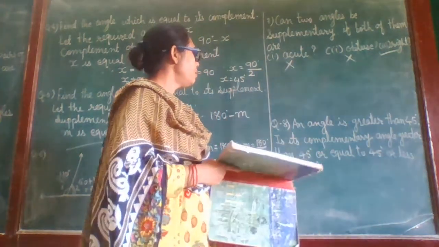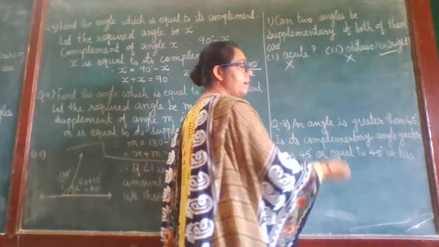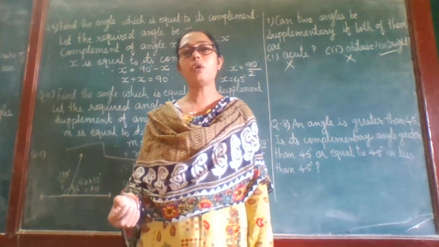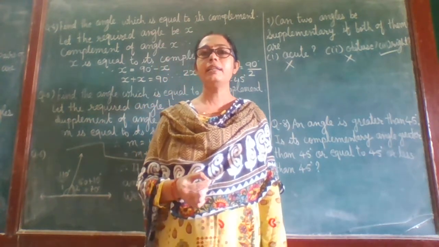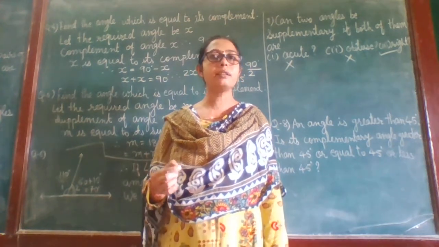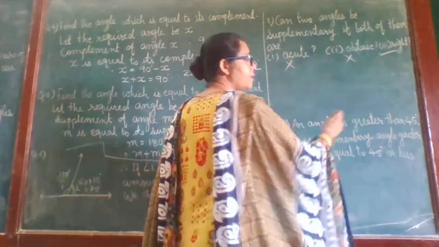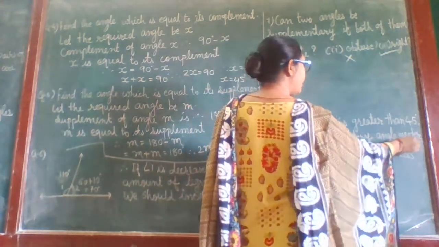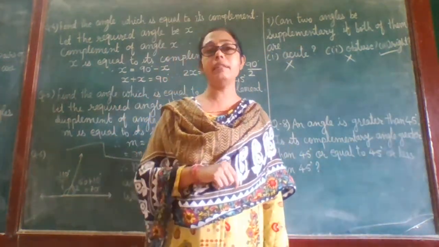We know that complementary angles means if the sum of measures of two angles is 90 degree, those two angles are called complementary angles to each other. Here one angle is greater than 45 degree, and suppose the other angle is also greater than 45 degree and we add them.